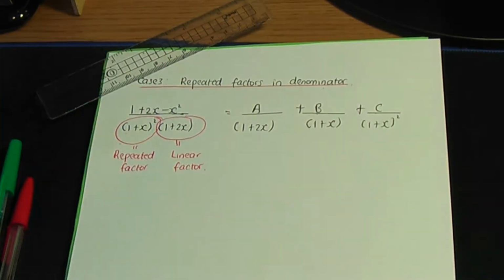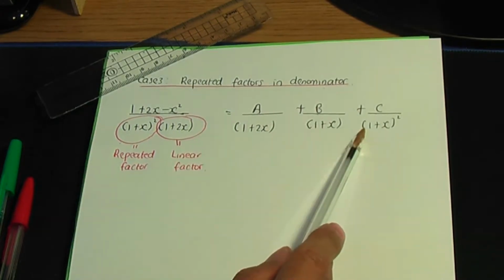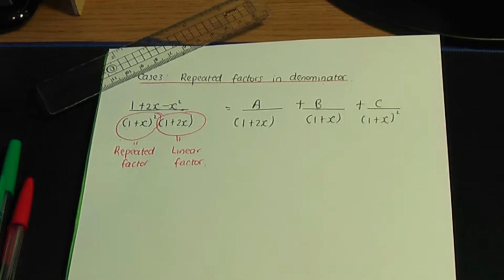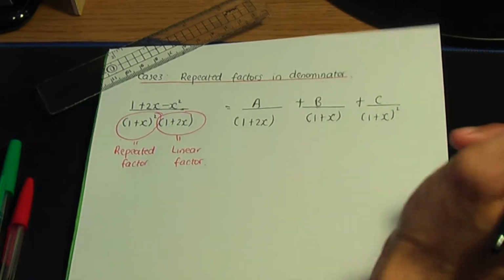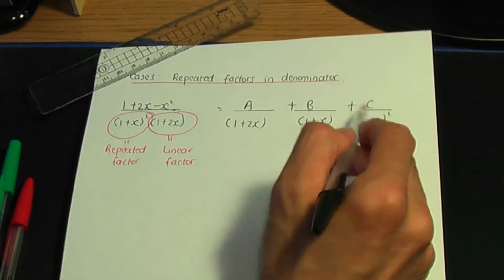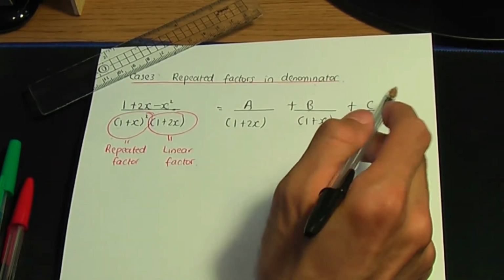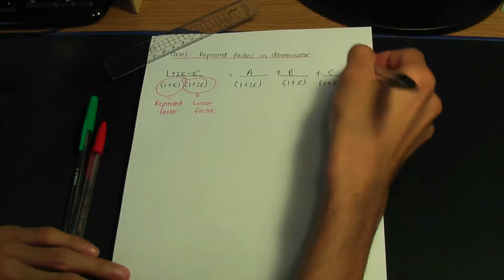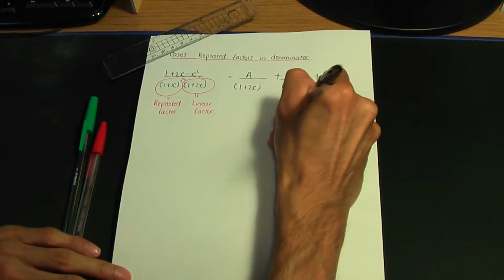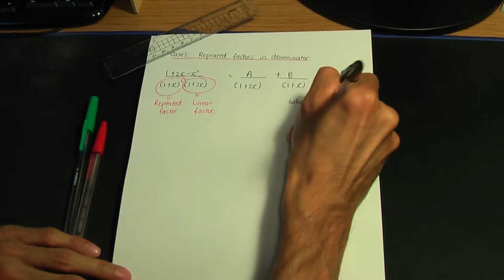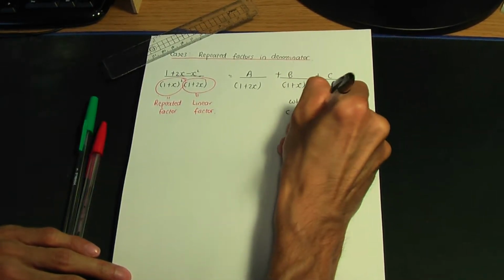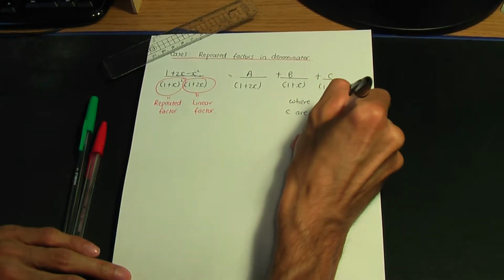So this is the arrangement when you have the repeated factor case in the denominator, and the principle for working out a, b and c, the unknown constants, is exactly the same. So what are a, b and c? Where a, b and c are constants to be found.